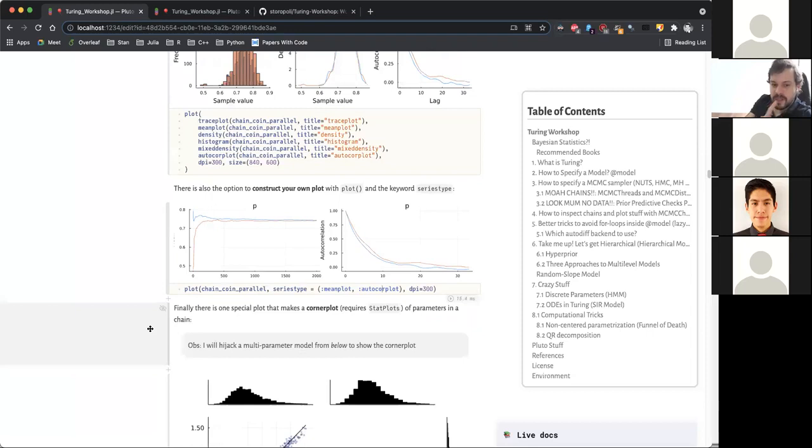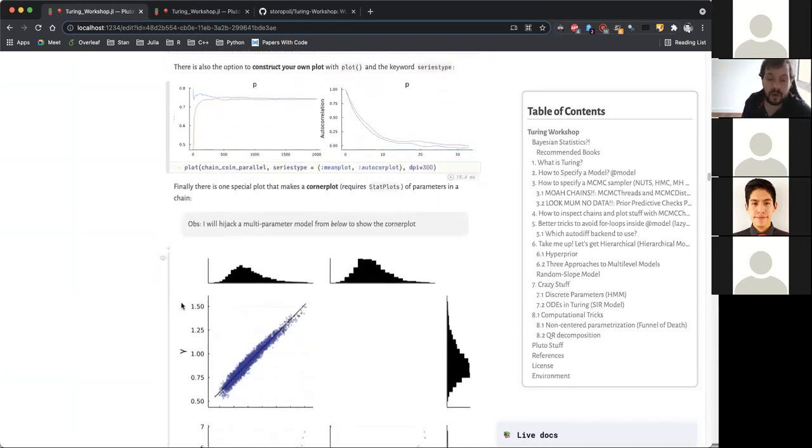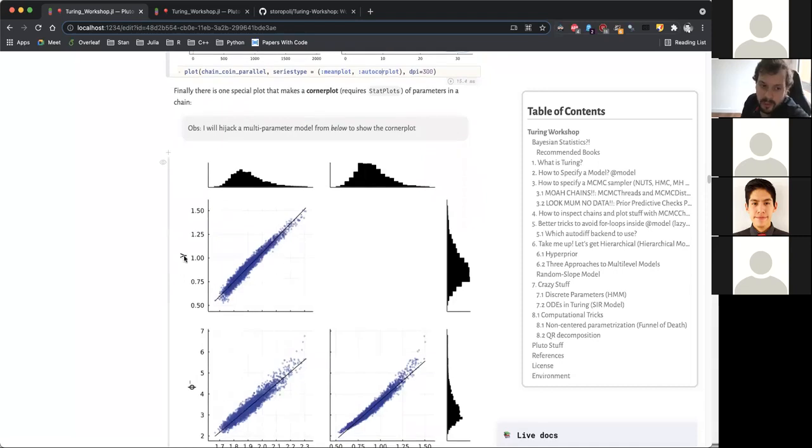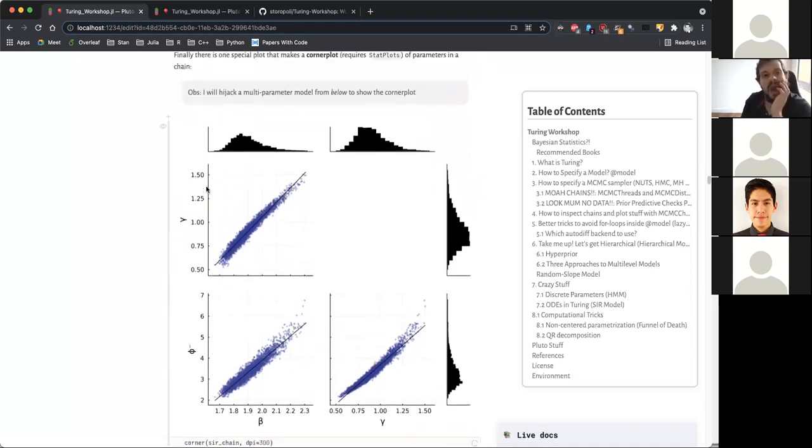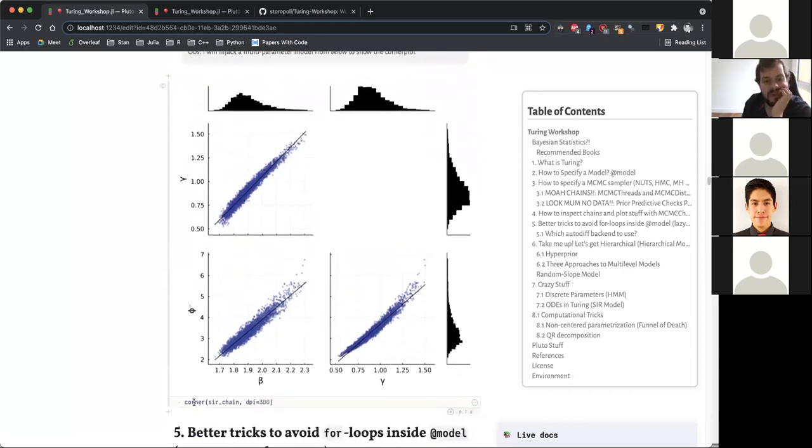And also there is one special plot. It's called the corner plot. And I hijacked a model from below because I haven't run multi-parameter models yet. So this is another model from below. It's the SIR model that has the gamma and the beta. And with the corner plot, you just do corner on your chain, and I use a keyword dpi to have a better visualization for the plot.